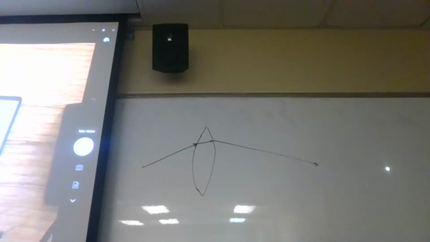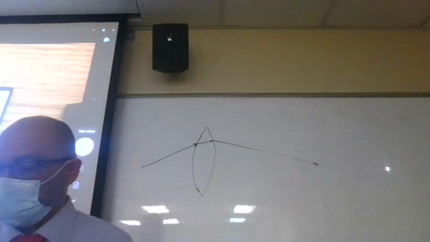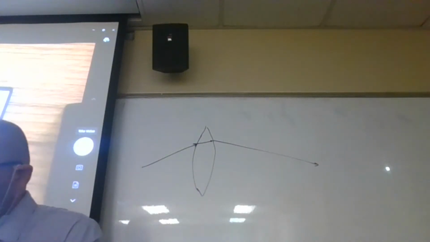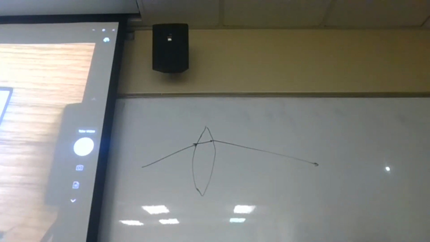This is thin lenses. Okay, so a lens basically is going to try to focus the light from an object and create an image.